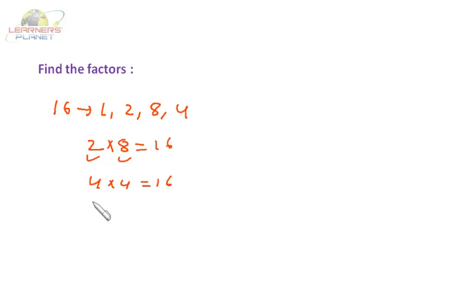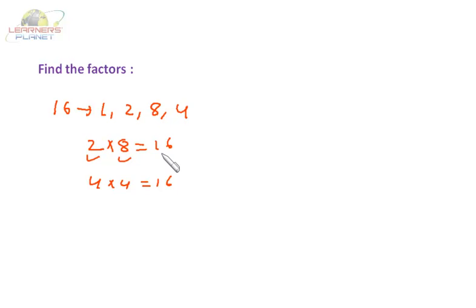Now 5, in the table of 5, 16 is not coming. In the tables of 6 and 7, even 16 is not coming. Now in the table of 8, 16 is coming. Since 2 8s are 16, that means 8 2s are 16. So 8 is a factor of 16.